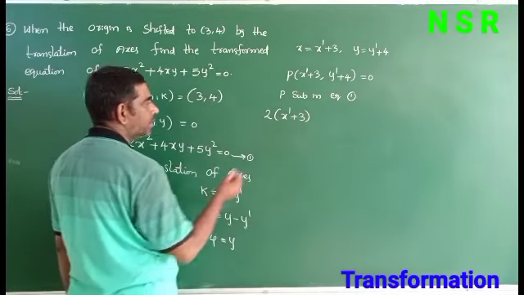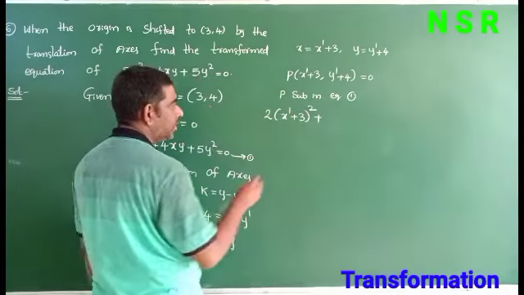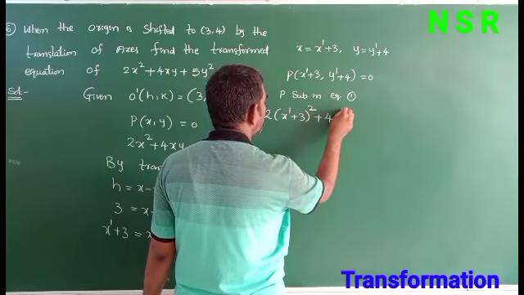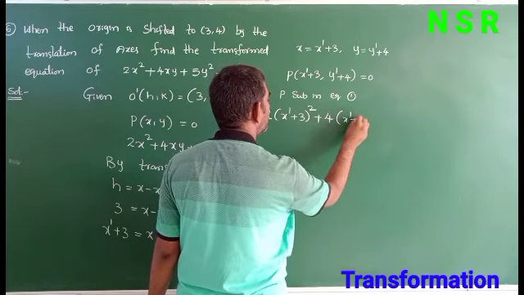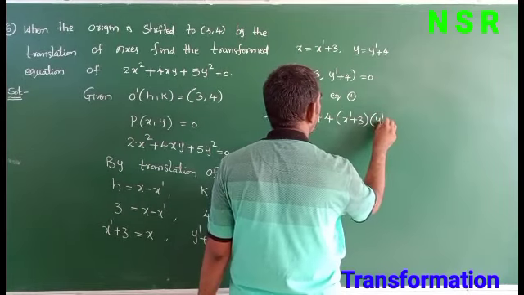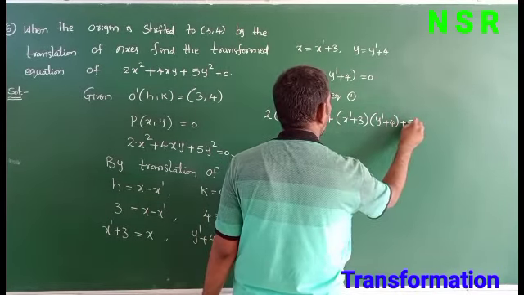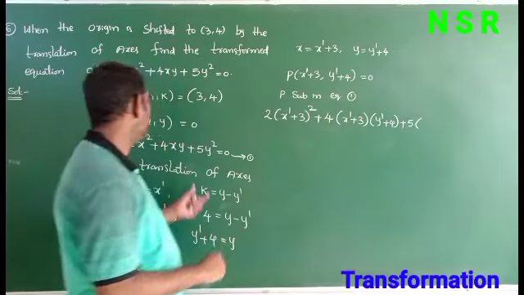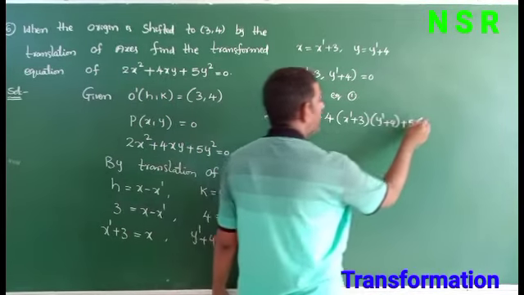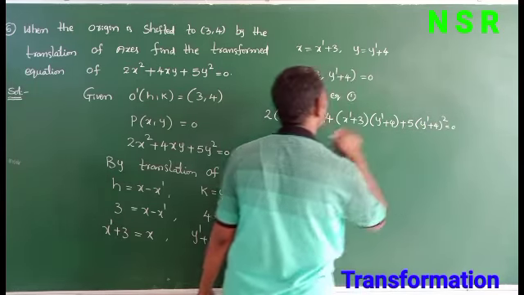So, here 2x square: 2 into (x dash plus 3) whole square plus 4 into x y term. So, x value x dash plus 3, y value y dash plus 4, plus 5 into y square. So, here y value y dash plus 4 whole square equal to 0.